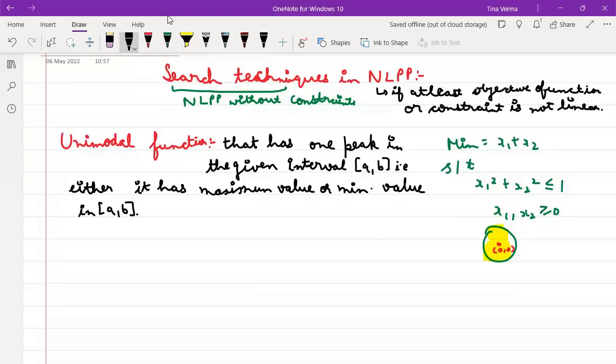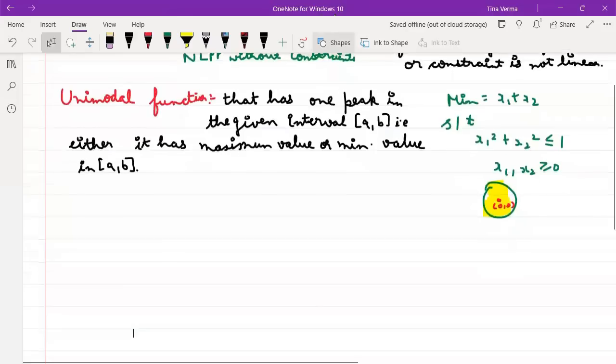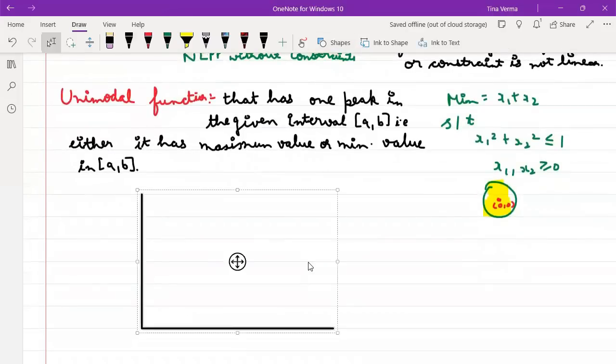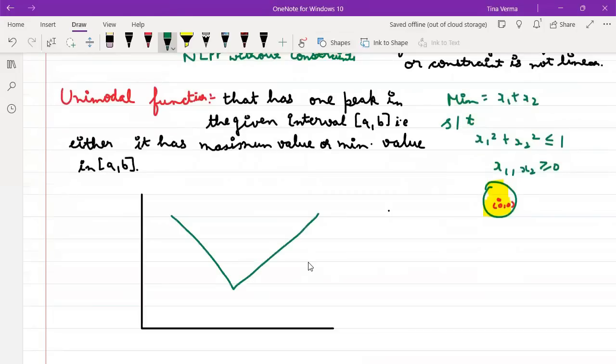Is it clear? So graphically what it represents, so what it is saying, is that a function which has only one peak means the function can be like this. There will be only one peak. So if it is a function like this, it has only one peak in the interval. This is my interval A in which my function is lying. So you can see here we have the minimum value.